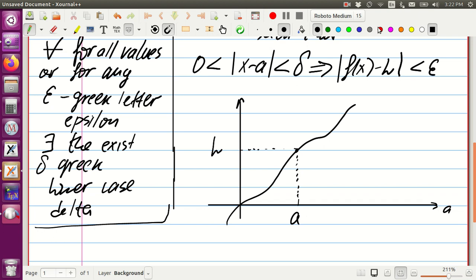Basically, you give me any epsilon distance that you want to be close to L. It means how close you want to be to L. That's the epsilon.